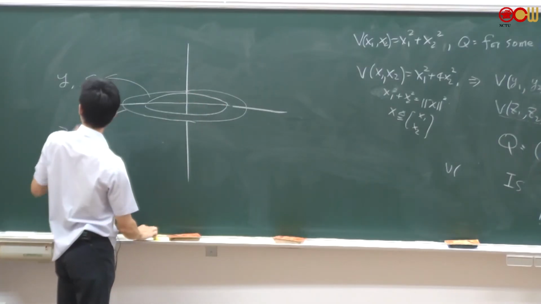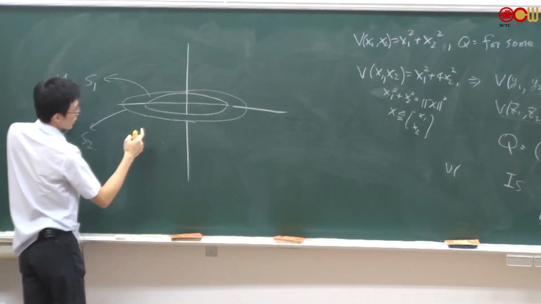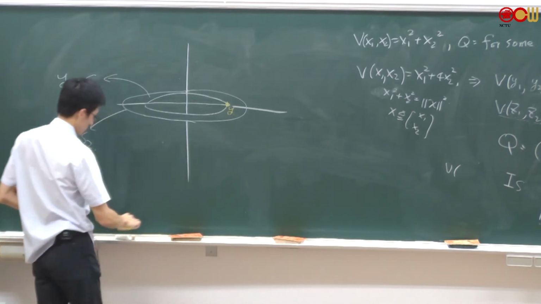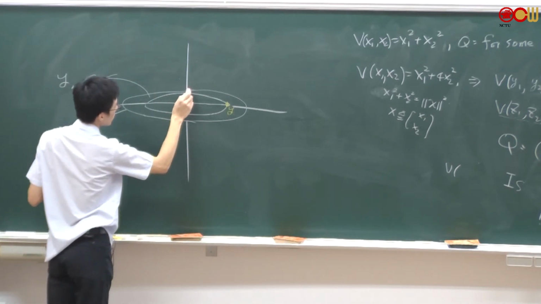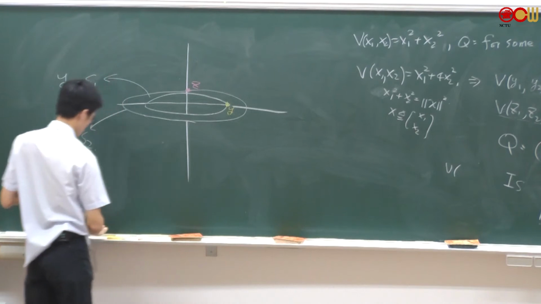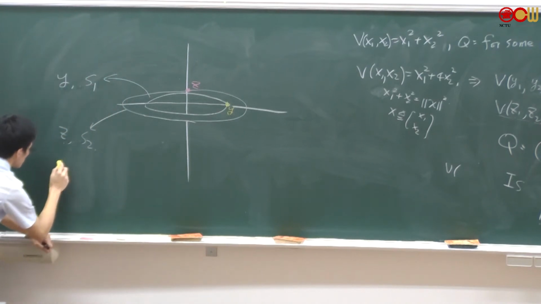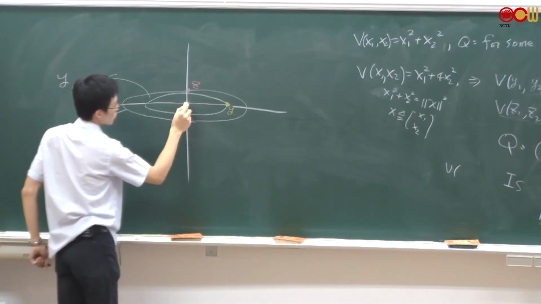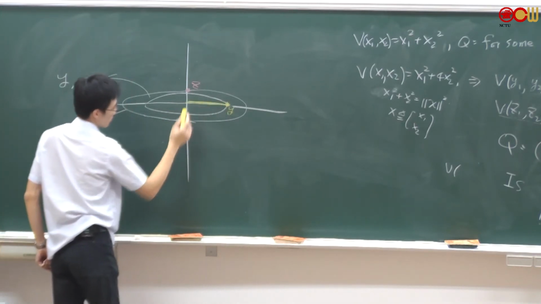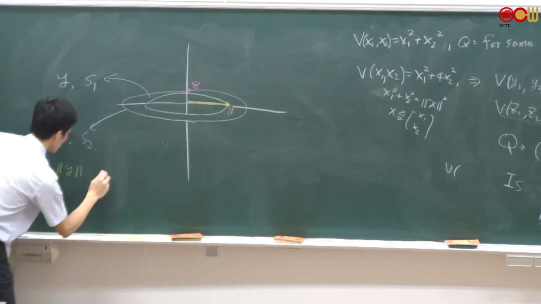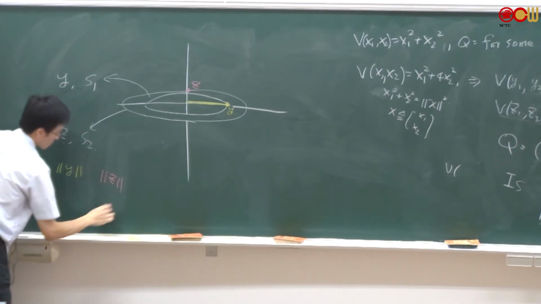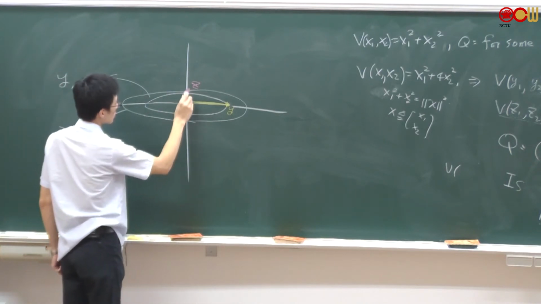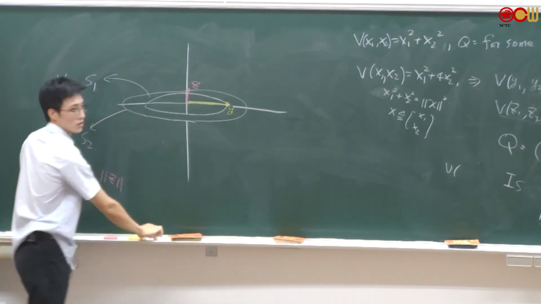If I choose y to be here, and z to be here, the distance of y is this to the origin, right? And the distance of z is this. Which one is larger?